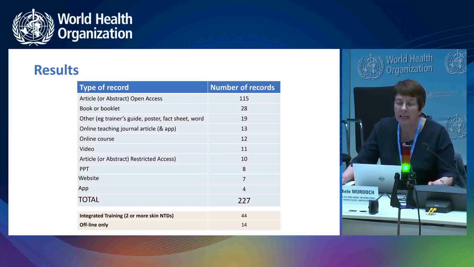The category listed as Other contained oddments like posters or fact sheets, and some of which were shared directly by the contacts. The teaching journal, Community Skin Health, which is freely available in hard copy, online, and as an app, had 13 teaching articles directly relevant to our topic.